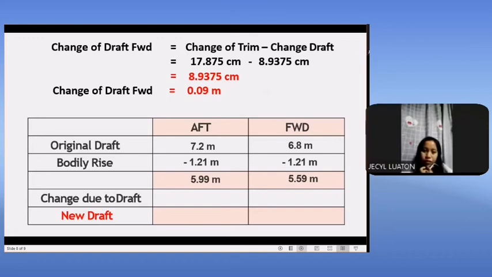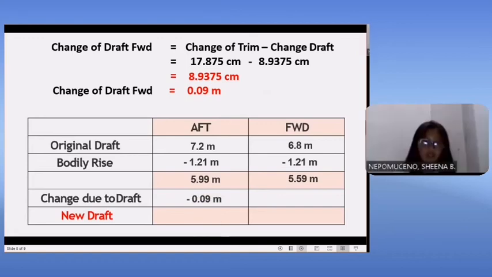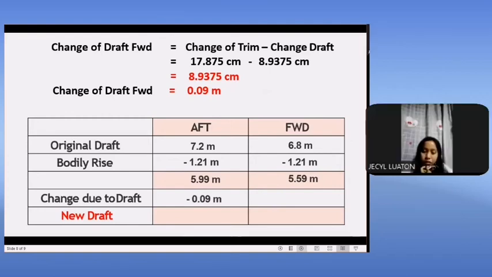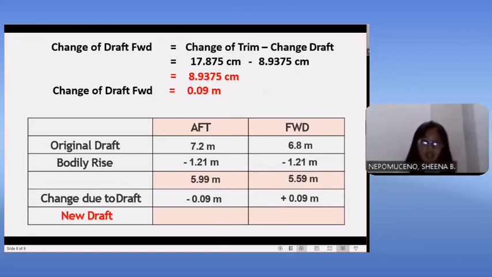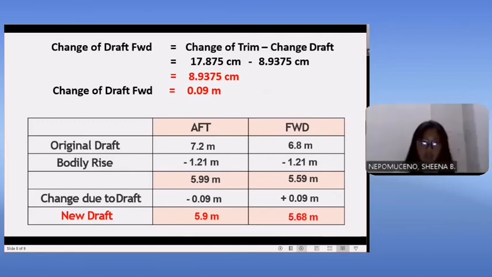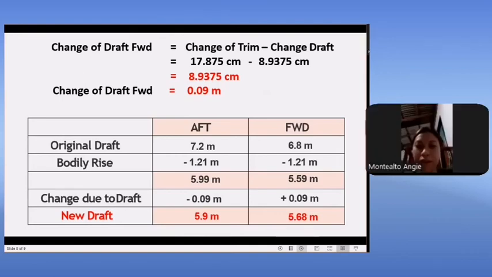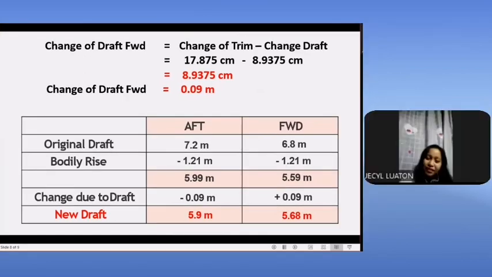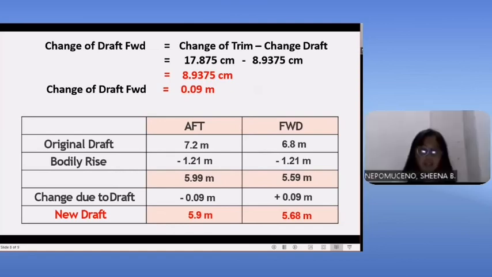For the change due to draft, for the aft we will subtract 0.09 meter, and for the forward we will add 0.09 meter. So 5.99 meters minus 0.09 meter, we have a new draft of 5.9 meters. And for the forward, 5.59 meters plus 0.09 meter, we have a new draft for the forward of 5.68 meters.